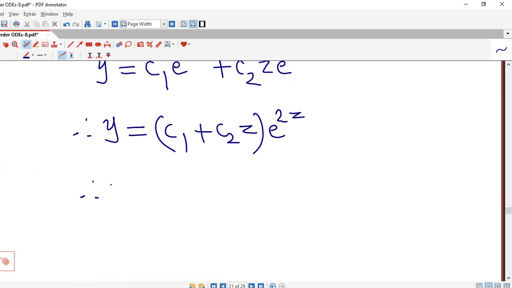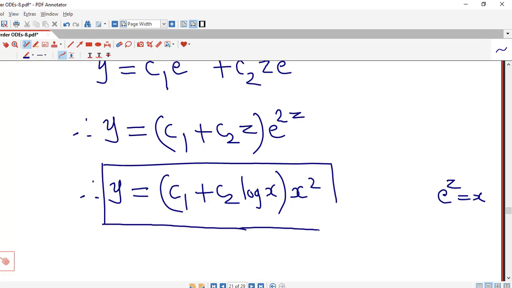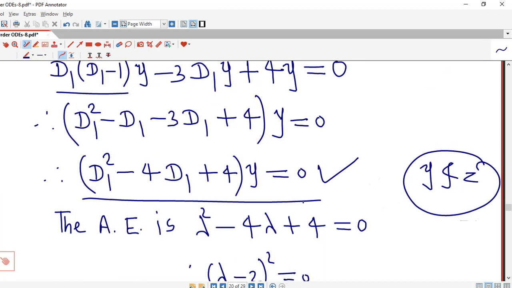Therefore y equal to (c1 + c2 log x) x². This is the general solution of the given homogeneous Euler-Cauchy equation, where c1 and c2 are arbitrary constants.